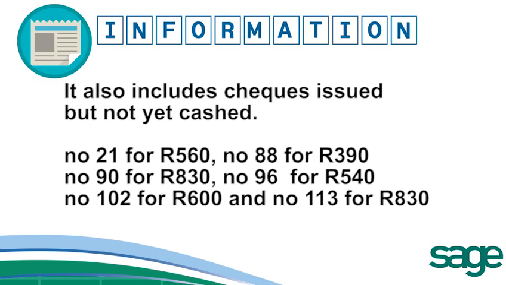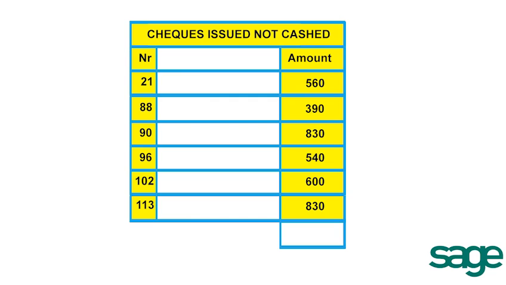It also includes, though, the following checks issued but not yet cashed. Take a look here: 560 plus 390 plus 830 plus 540 plus 600 plus 830. If we add all of those up, it gives you a total of 3,750.